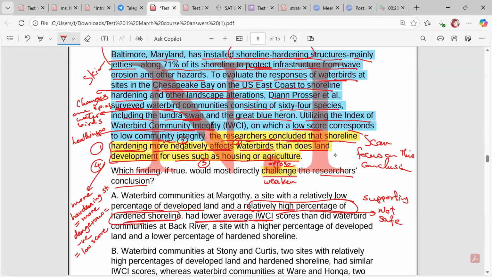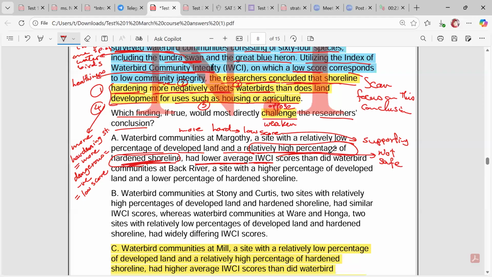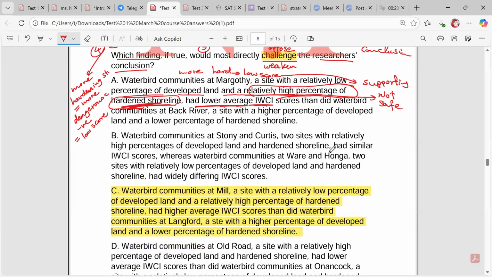That is what the conclusion says, and I want the opposite. I want to challenge this. Here it says more hardened shoreline and low score, so this is support. No, I want to challenge or oppose.